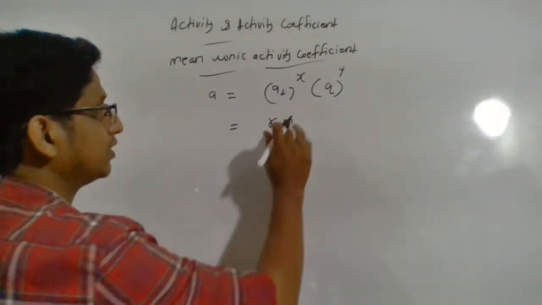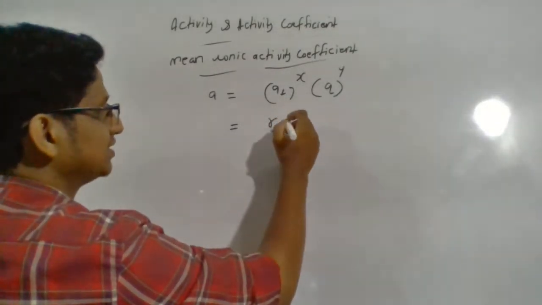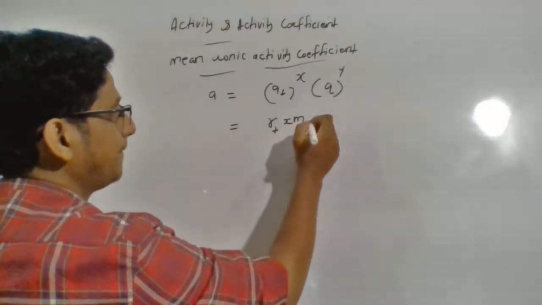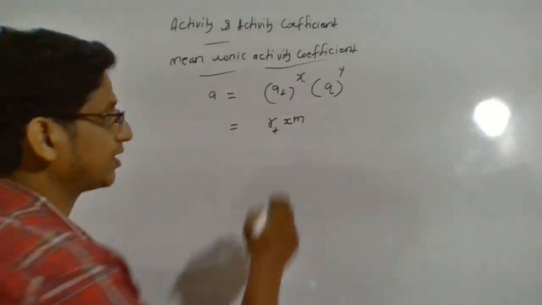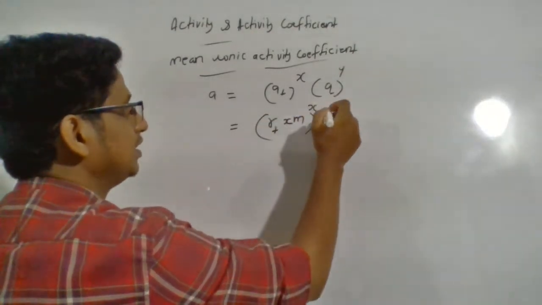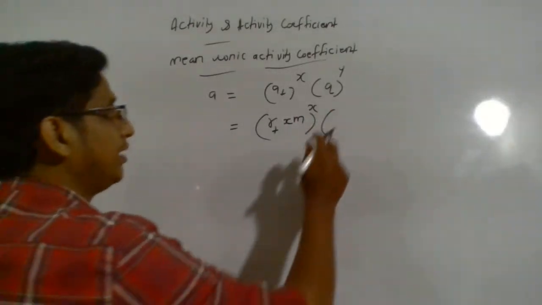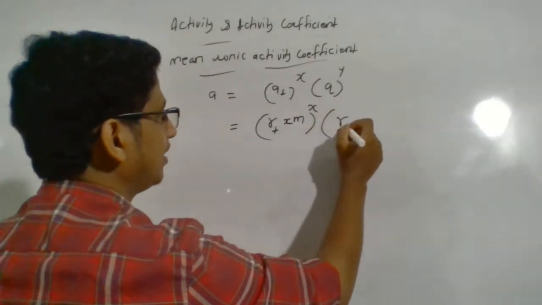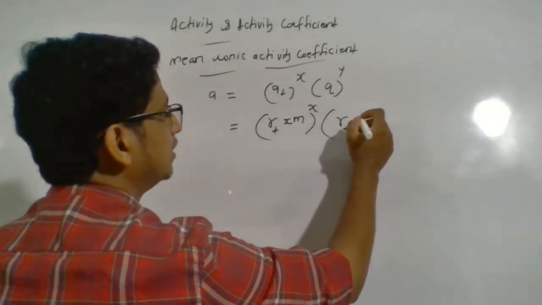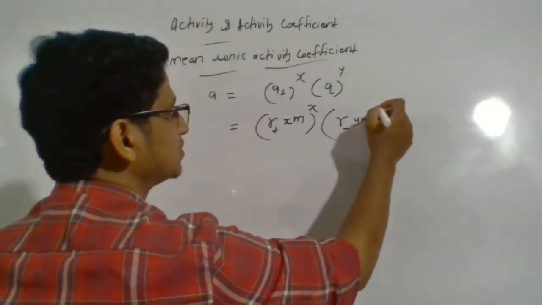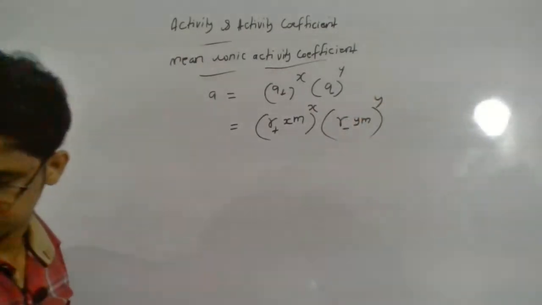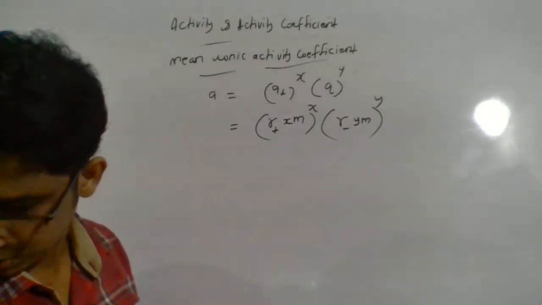A is equal to gamma m, right? Now let x moles be there, so xm raised to x into a minus, you can write gamma minus ym raised to y.